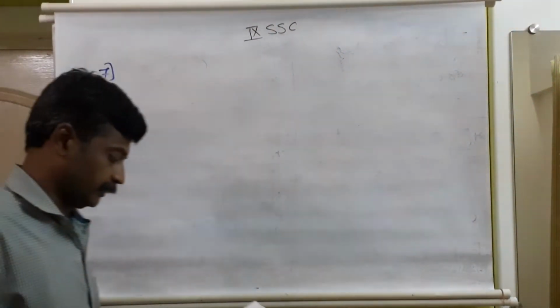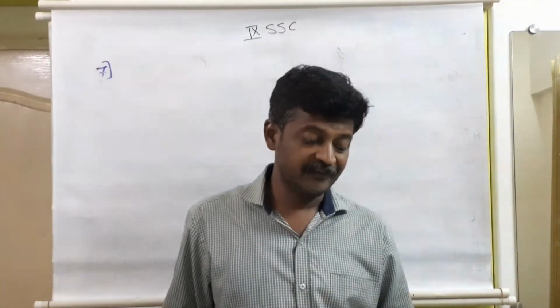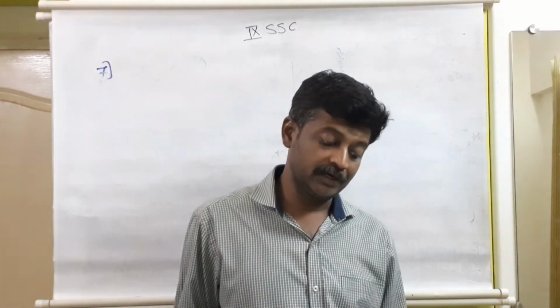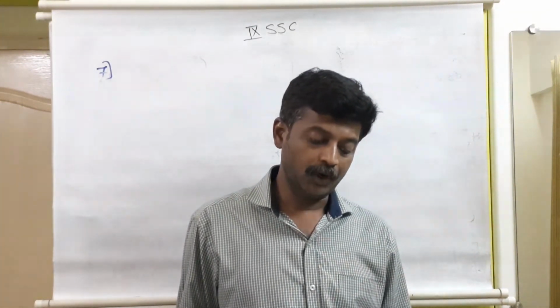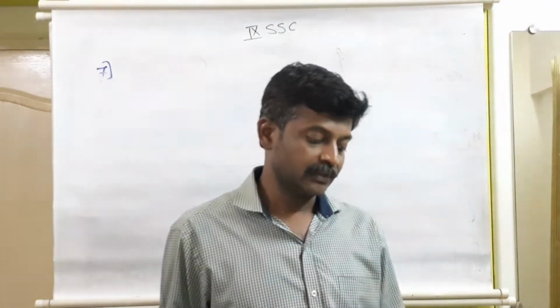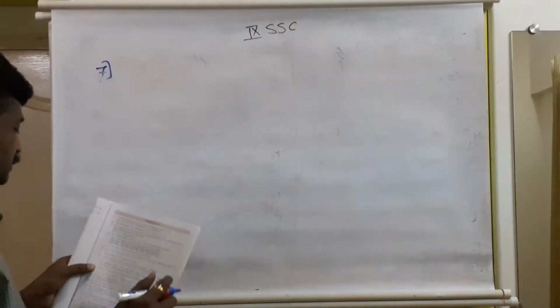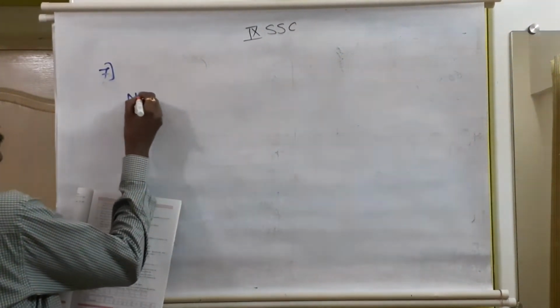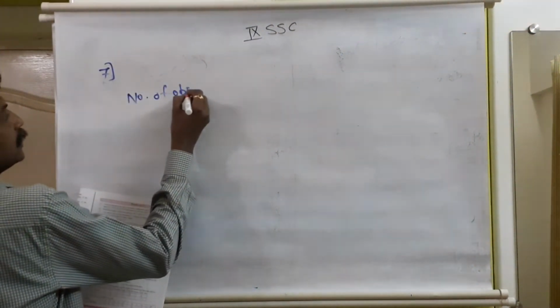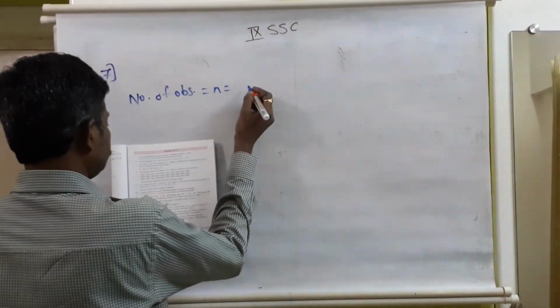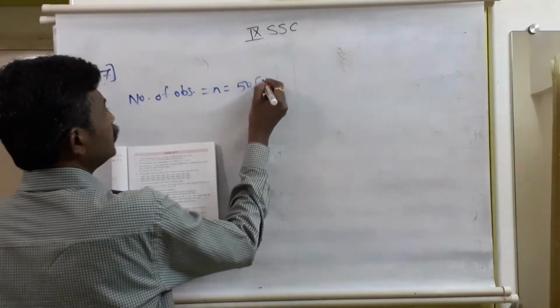In question number 7, the calculated mean of 50 observations was 80. It was later discovered that observation 19 was recorded by mistake as 91. What was the correct mean? So we'll write the given information. Number of observations, that is n, is equal to 50. 50 is even.